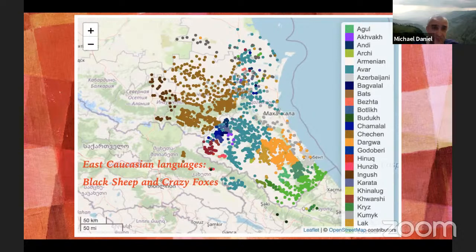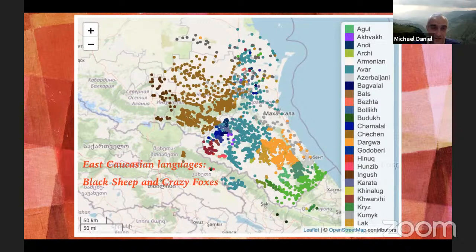And the brown dots in the northwest are Chechen and Ingush, and Bats also in Georgia, which are also in a sense outliers.